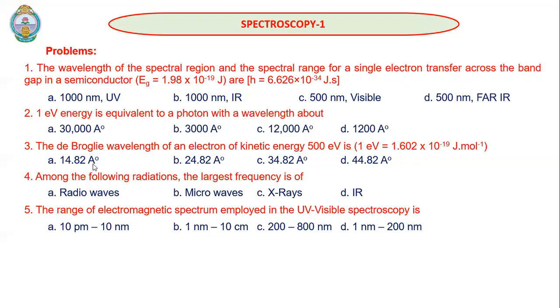Now when we look at the answers, it is 14, 24, 34 and 44. Our answer is near to 24. So the answer is 24. Similarly, we can calculate the wavelength of a photon which is having an energy of 1 electron volt. It will come around 12,000. So you practice it.